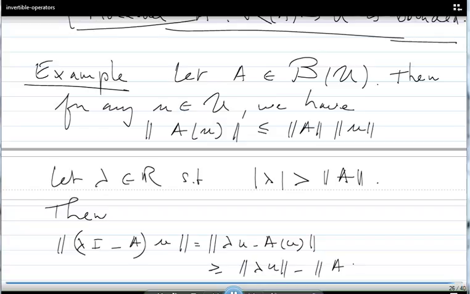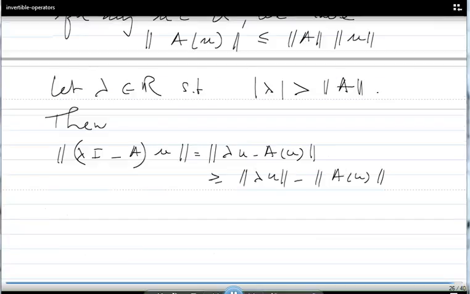This is just the property of the triangle inequality used on the norm, which equals the absolute value of lambda times the norm of u minus the norm of Au. And since the norm of Au is less than or equal to the norm of A times the norm of u, then this one will be bigger.